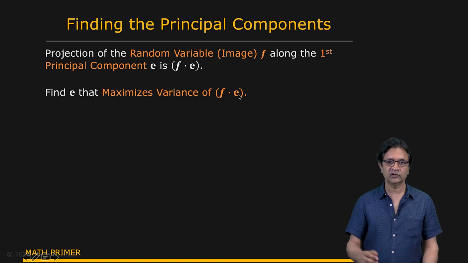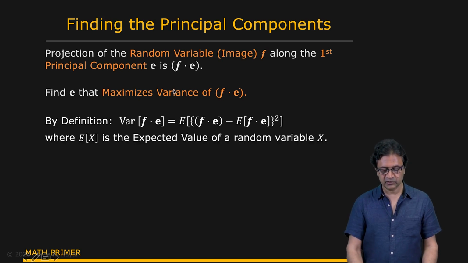And we know the definition of variance. The variance of f dot e is the expected value, where E of x is the expected value of any random variable x. So it's the expected value of f dot e minus the expected value of f dot e, that whole thing squared.